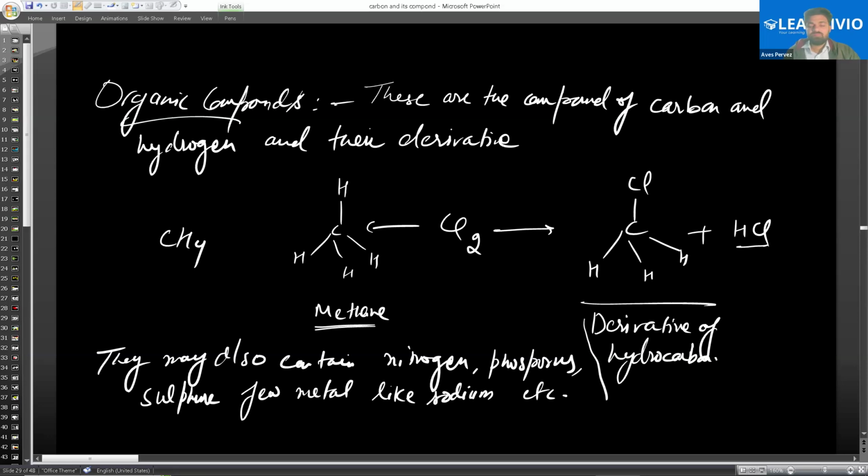So after Friedrich proved it wrong, many other compounds were created. Urea was the first one which was created.